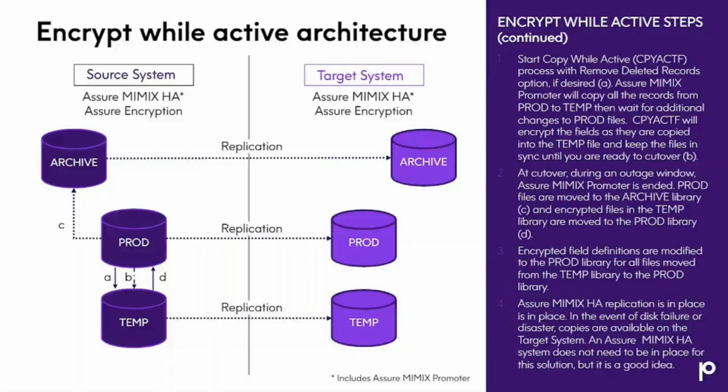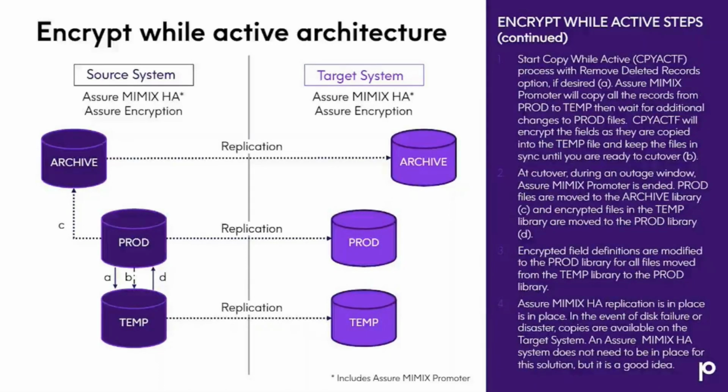Now, I apologize for all the words there, but just bear with me here. It comes time for cutover. Your encrypted files are all at the ready in the temp file. Maybe you schedule this on a Saturday morning, maybe take an hour or a couple hours of downtime.